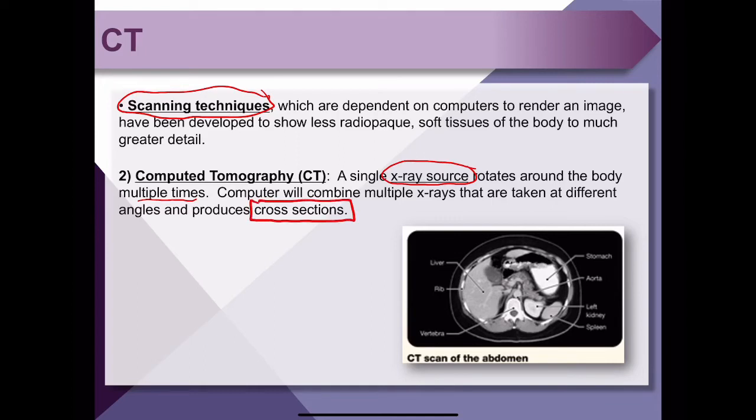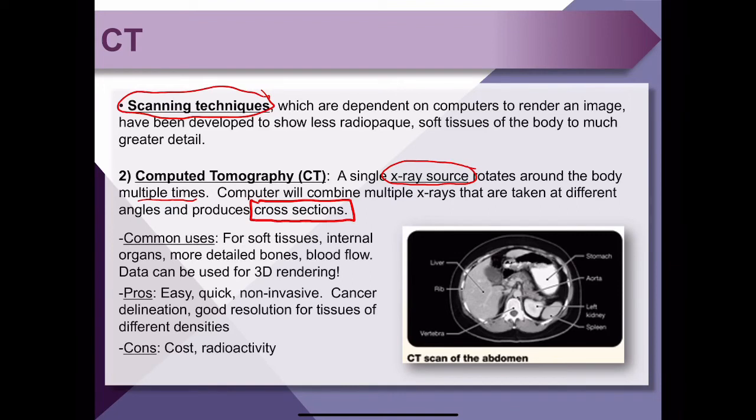So it's not just two-dimensional like an image of your skull or bone; it gives you a whole image of your three-dimensional body because the X-ray source rotates around that area.